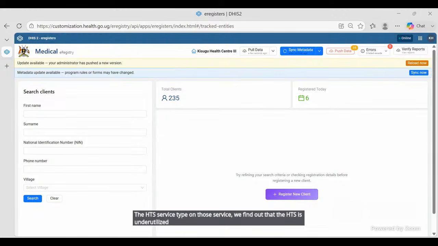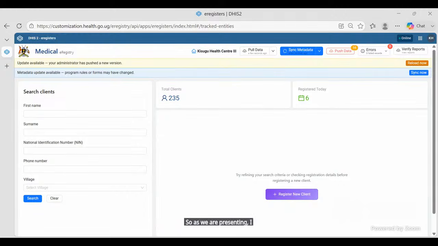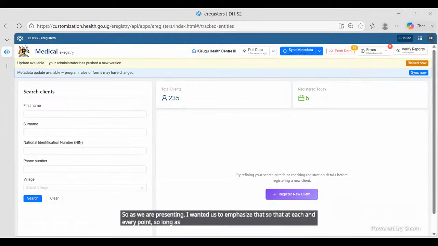So as we are presenting, I wanted us to emphasize that at each and every point, so long as the client has been tested for HIV, they should be able to add the HTS service type for those clients.